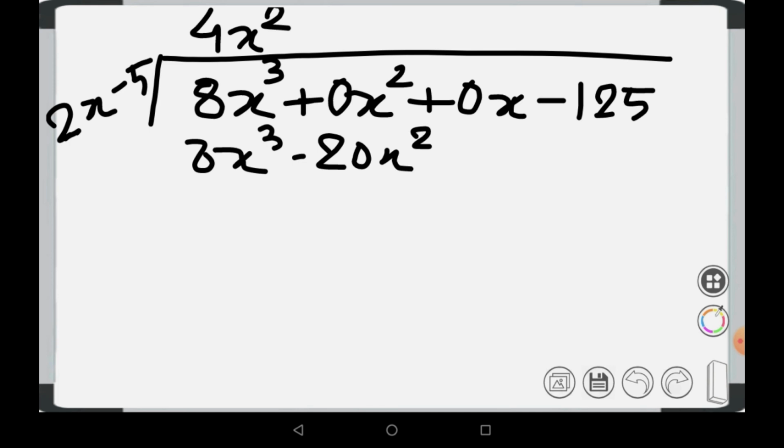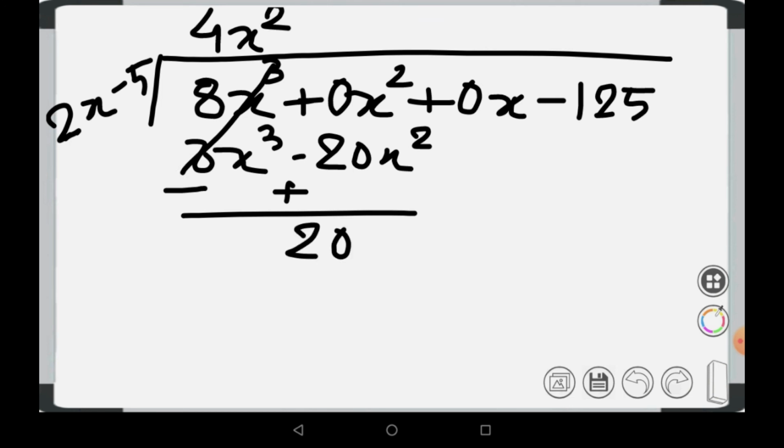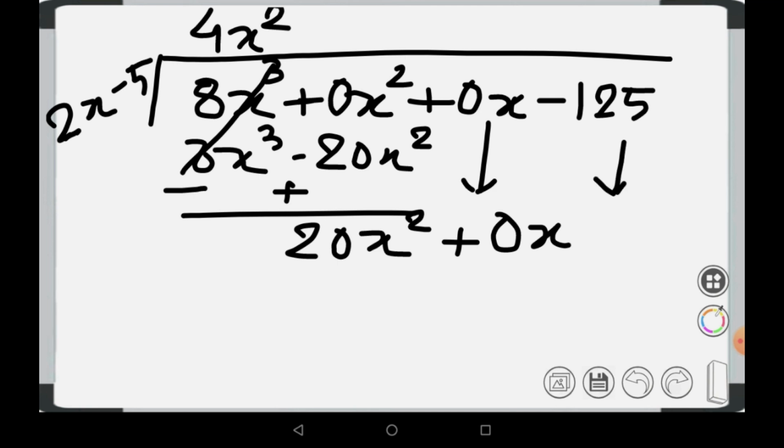We will change the sign, minus becomes plus, plus becomes minus, this gets cancelled. 0x square plus 20x square would be 20x square. 0x comes down, so I'll write it like this, 0x. Then if needed, I will also write minus 125 over here. Okay, let us see if needed then.